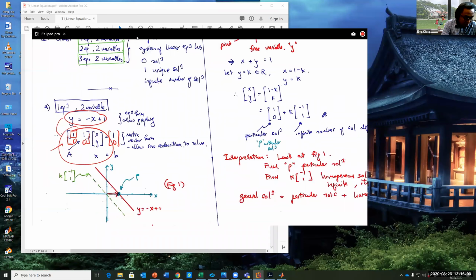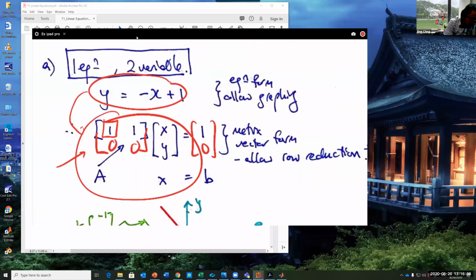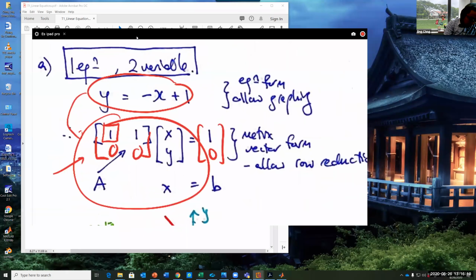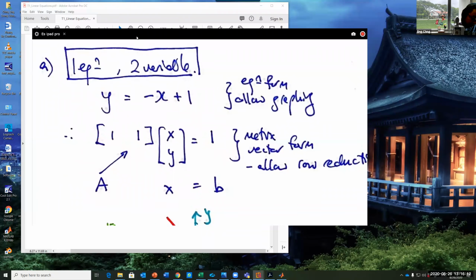Every time we talk about the solution, what are we talking about? We are asking you to find the values of x and y such that A multiplied by x and y equals the right-hand side. So what are the values of x and y that satisfy this?